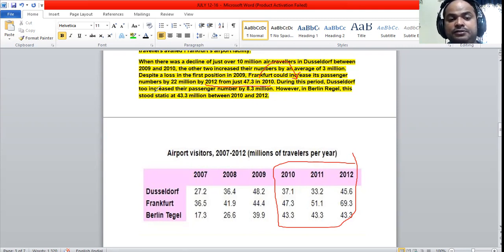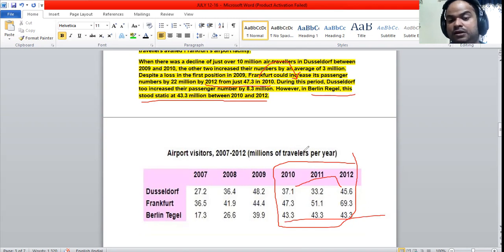Did Dove increase their passenger numbers by 8.3? So this is 8.3 there, and you can say, however, in this particular airport, it was static.